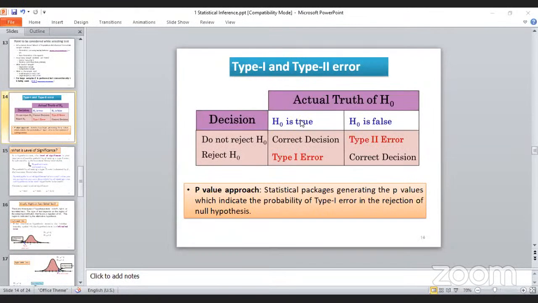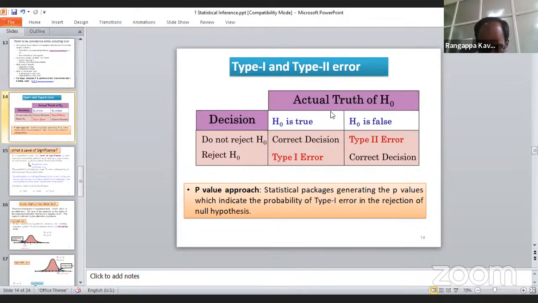Yeah. Actual truth: the null hypothesis may be true, or it may be false. Your decision: you may be rejecting the null hypothesis or not rejecting it. If the null hypothesis is true and you are not rejecting it, your decision is correct. If it is true but you rejected it, you are committing type 1 error.